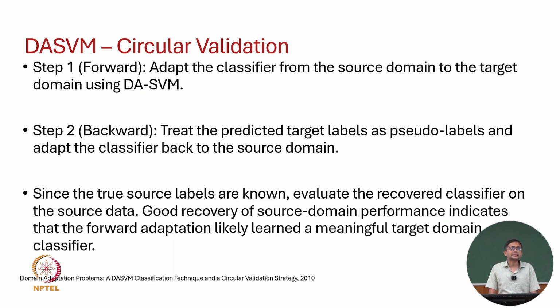Now, this DSVM work, interestingly, also proposes a circular validation strategy. That is, at the very first step, we are doing the forward adaptation. That is, adapt the classifier from the source domain to the target domain. In the source domain, we have label data.